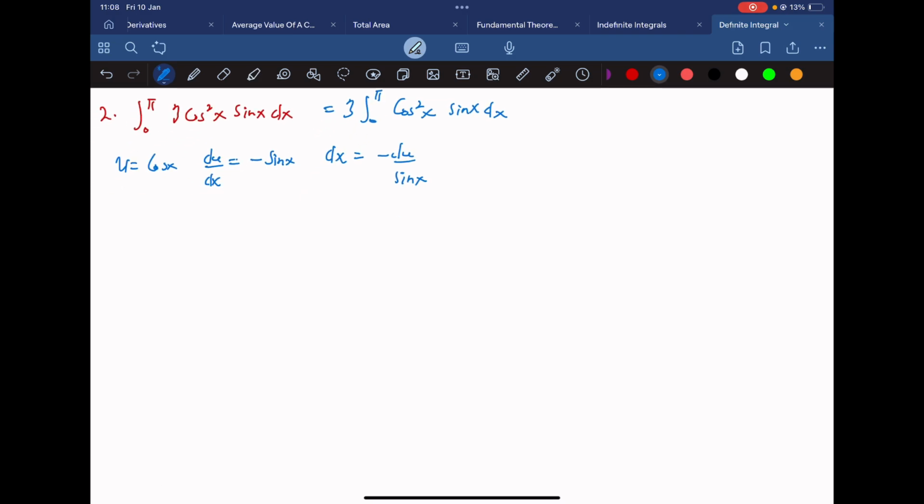We're going to have 3. Before we do that, let's change our bounds. So when x is equal to 0, we are going to have u equal to cosine of 0, and cosine of 0 is 1. And when x is equal to pi, we're going to have u equal to cosine of pi, but cosine of pi is negative 1.